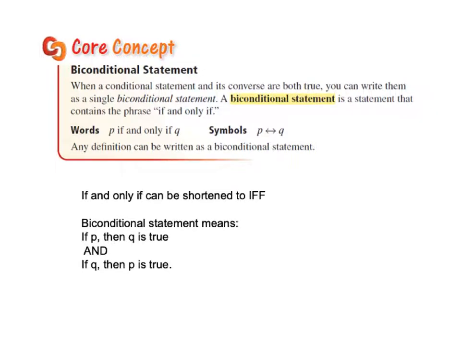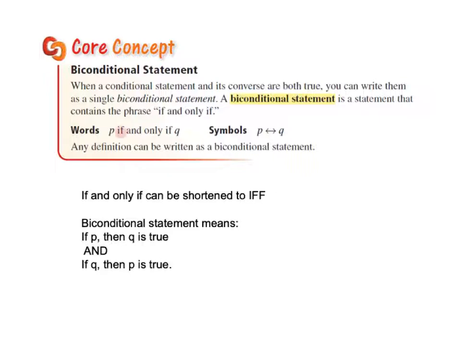Okay, so now we're going back to biconditional statements. A biconditional statement is when a conditional statement is true and its converse is also true. The converse just means flipping the order: if-then, and then flip the order of the hypothesis and the conclusion. If both of those are true, then it's called a biconditional statement.